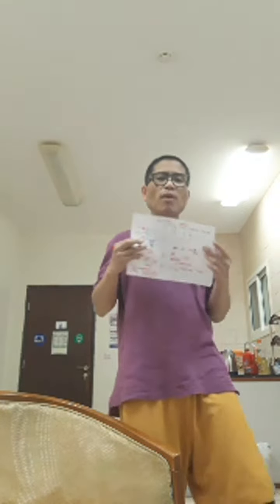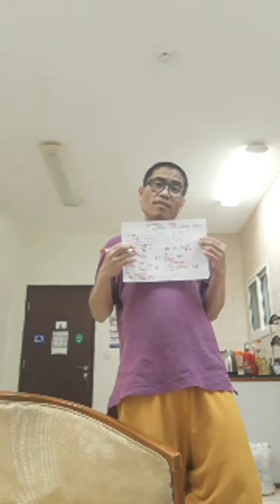But I forgot to convert TCI to Kelvin. No problem, we'll just add 273.15: 200 plus 273.15 is equal to 473.15.